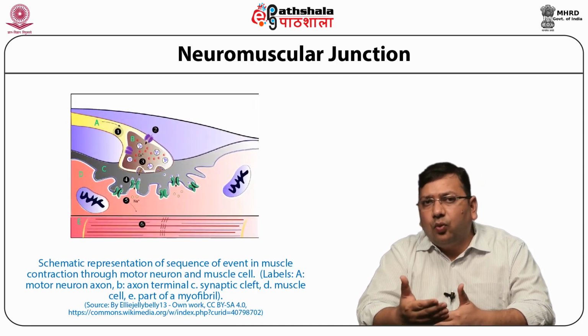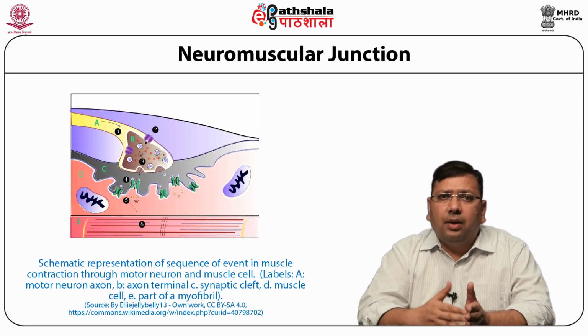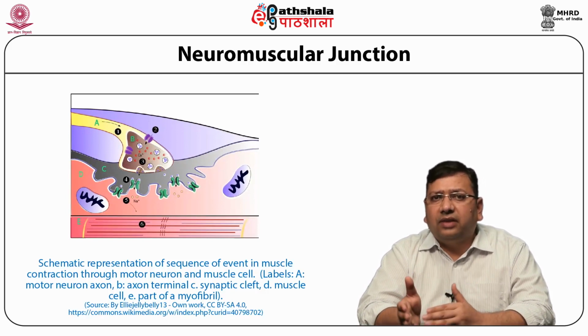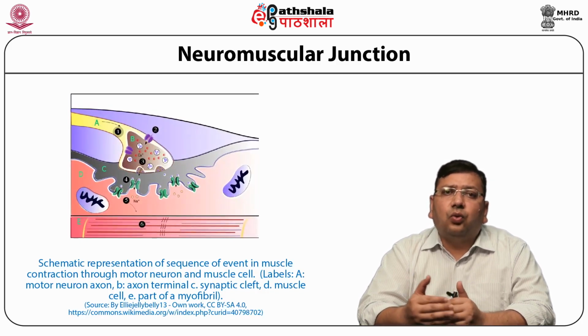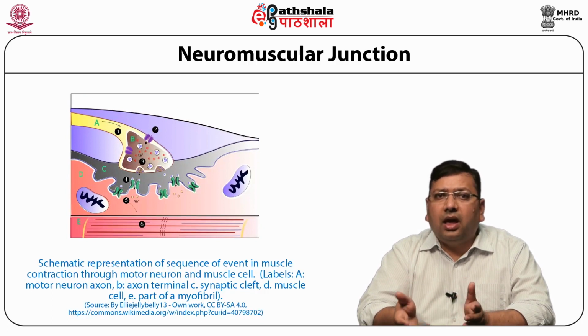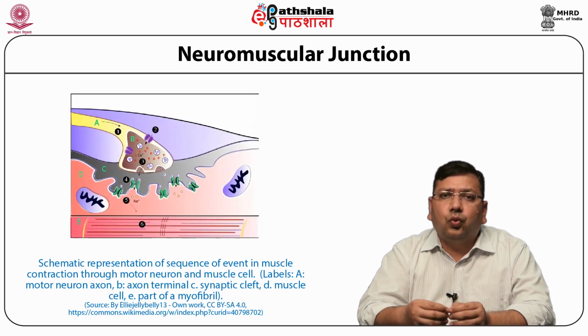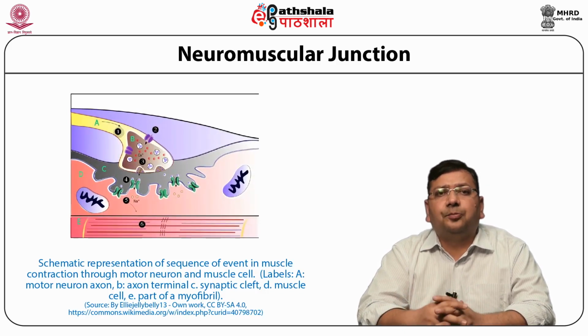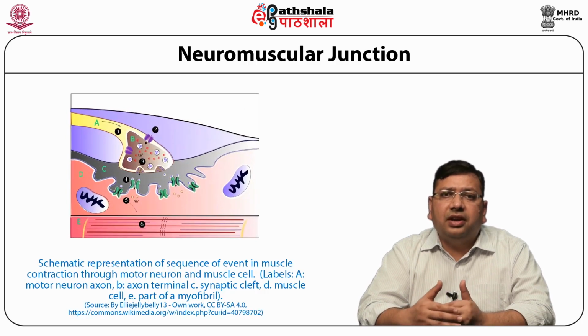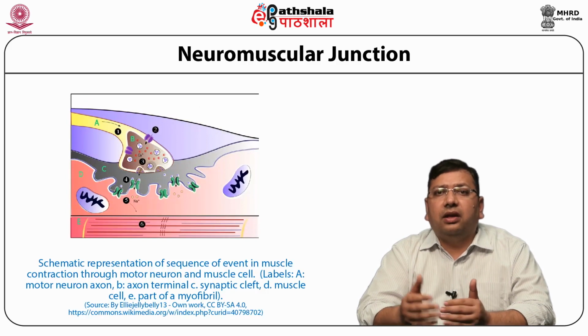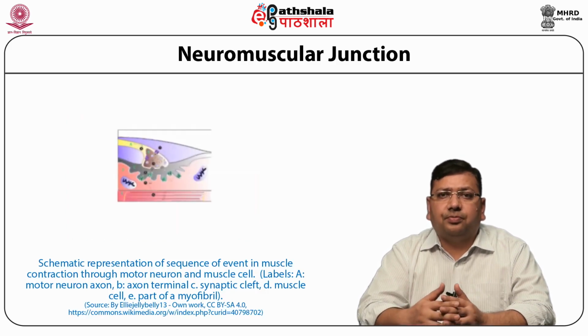Now, at number 4, the acetylcholine binds to the postsynaptic receptors on the sarcolemma. And lastly, this binding causes ion channels to open and allow sodium ions to flow across the membrane into the muscle cell. The flow of sodium ions into the muscle cell generates an action potential which travels to the myofibril and results in muscle contraction.